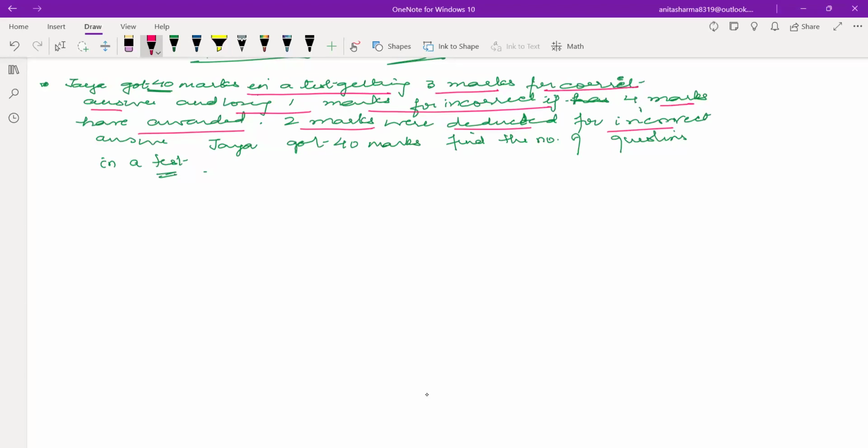You will get two linear equations. So let the number of correct answers be X and the number of incorrect questions be Y.